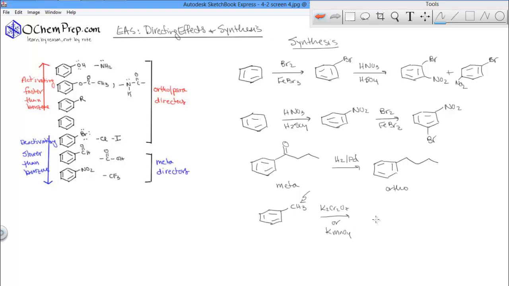These are oxidizing agents, and they will oxidize any benzylic position, as long as there's an H on the carbon, to a carboxylic acid. There's no direct way of putting a carboxylic acid on a ring. You need to take an alkyl group and oxidize it. Now, if you look here, an alkyl group is an ortho-para director, and the benzoic acid group is a meta director.